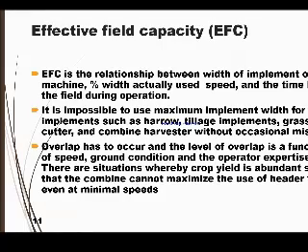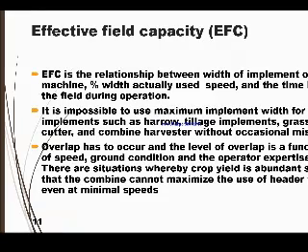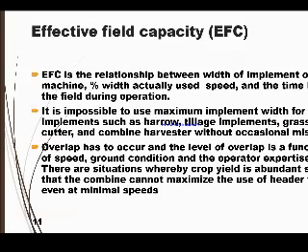So sometimes when we do actual operation, we experience missing or overlap. That would not be taken into account in the effective field capacity calculation. So in this case we have to adjust the time spent on that particular overlap as well as the missing location.